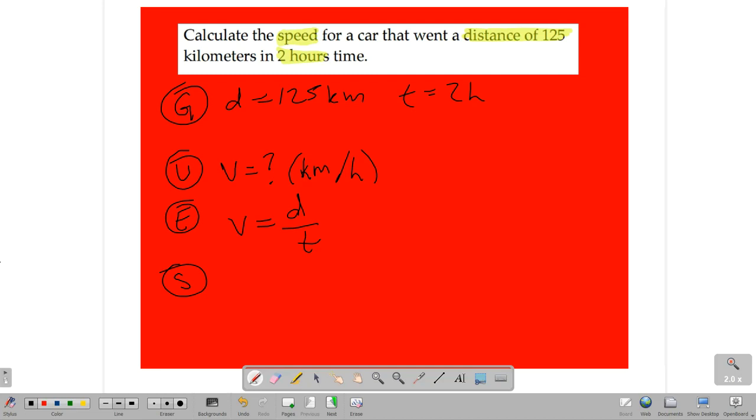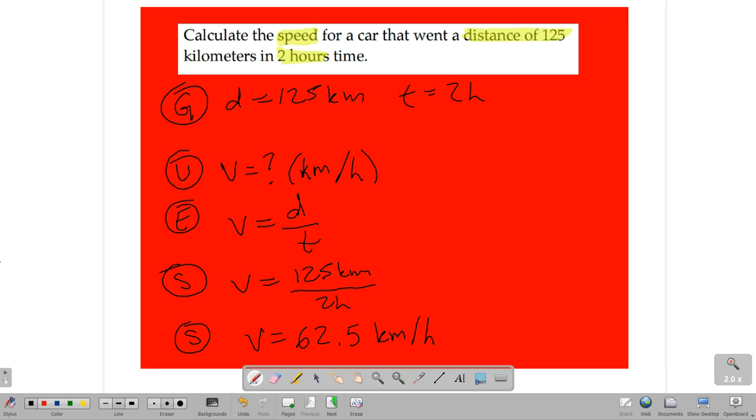We're going to go ahead and substitute our values in. So v is equal to 125 kilometers over 2 hours. So when we solve this, you plug in 125 divided by 2. Should come out to be 62.5 kilometers per hour.